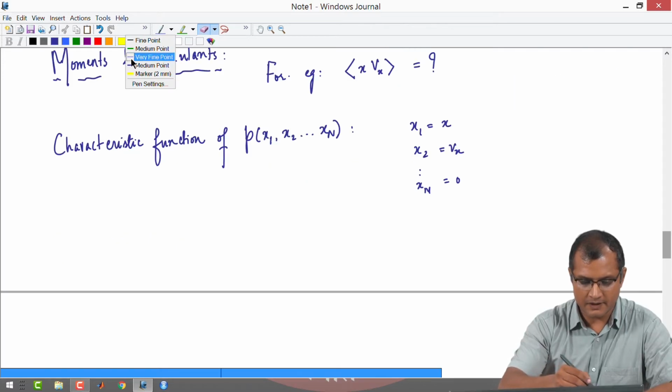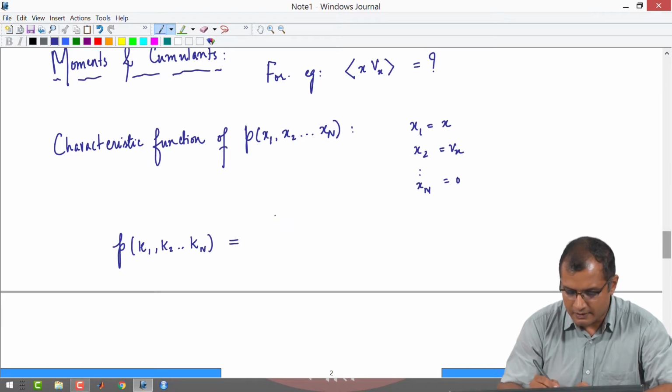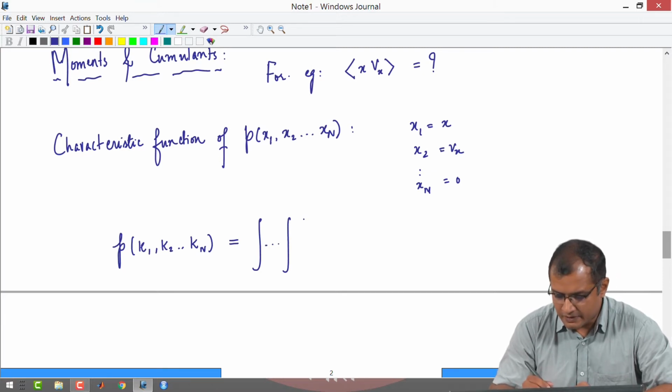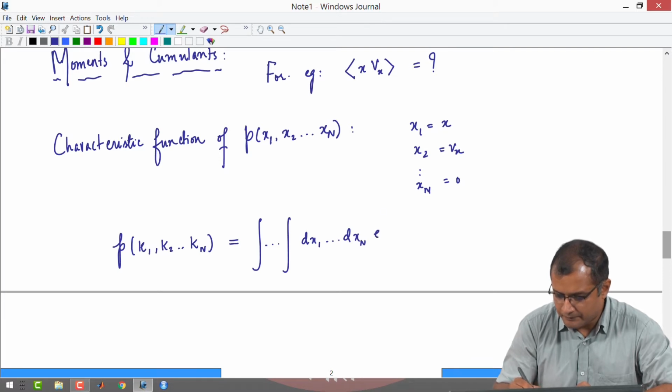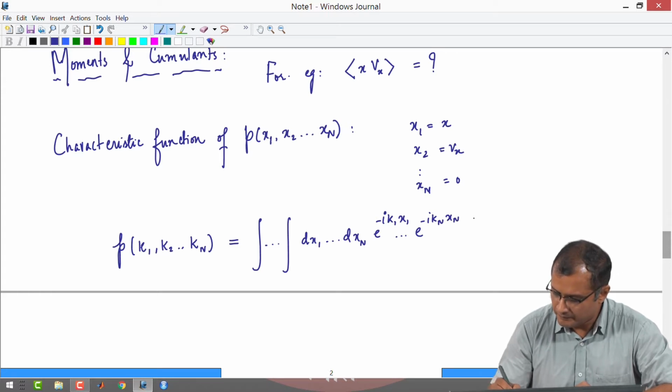Now, the characteristic function can be computed as a function of the set of k's that are nothing but, by the definition, the multidimensional Fourier transform of our multivariable distribution.